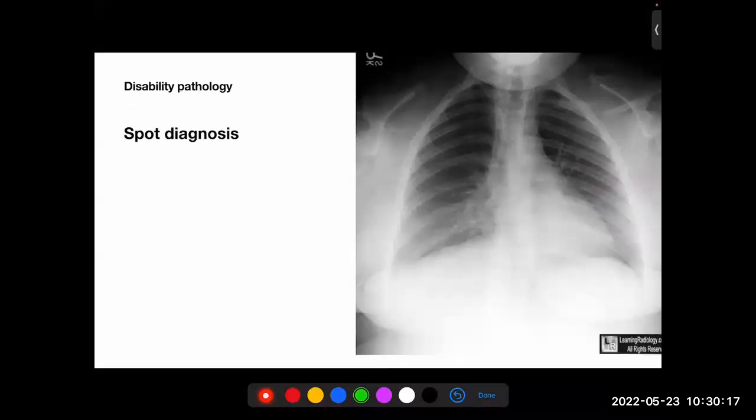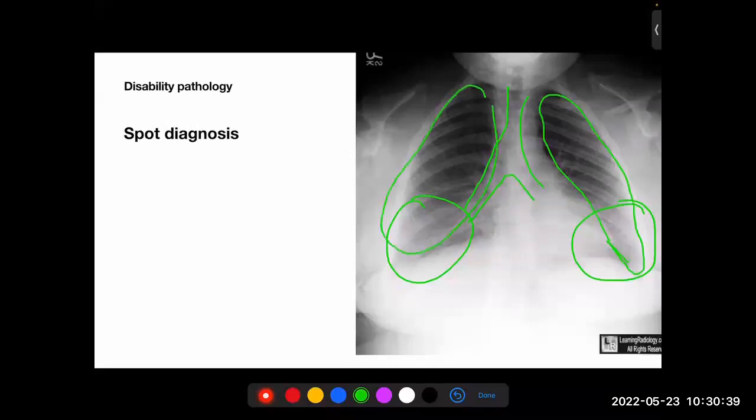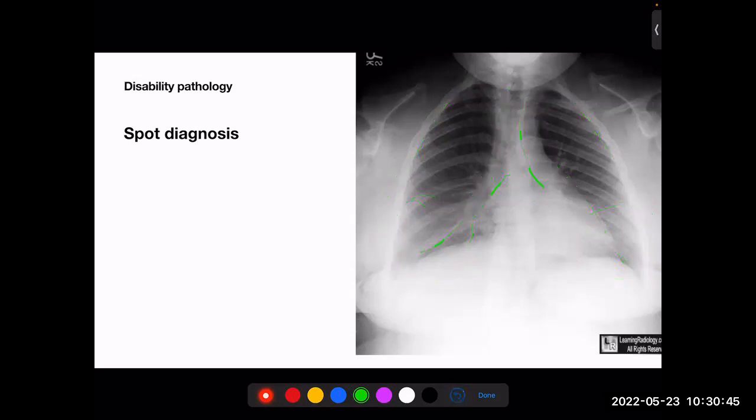What's the diagnosis here? Hint, this is not what I'm looking for. Let's go through. The lungs. We said we are not looking for the lungs. And then look at the ribs.